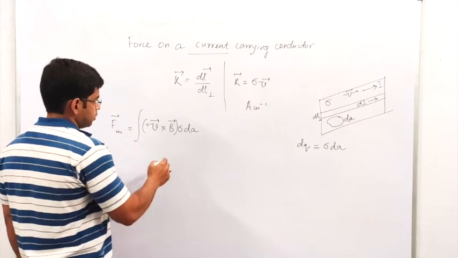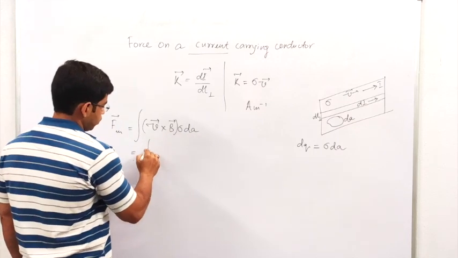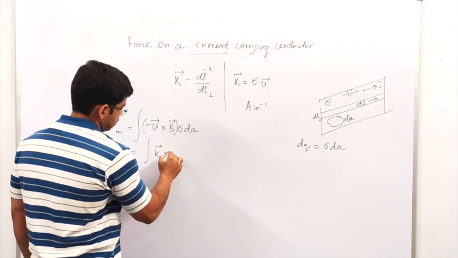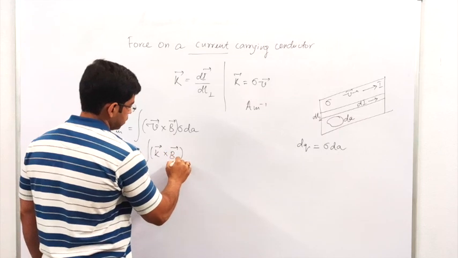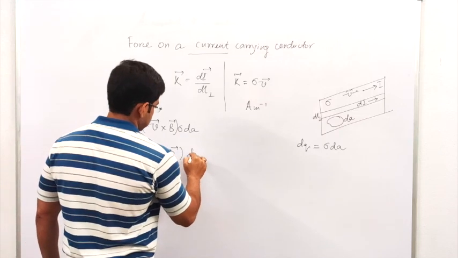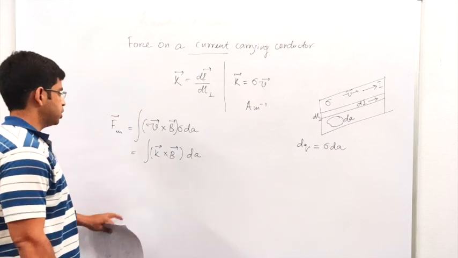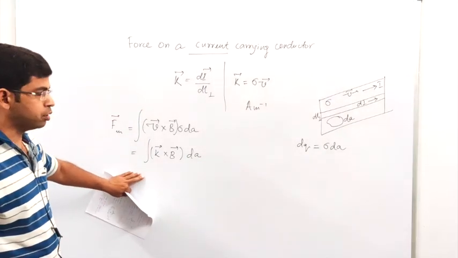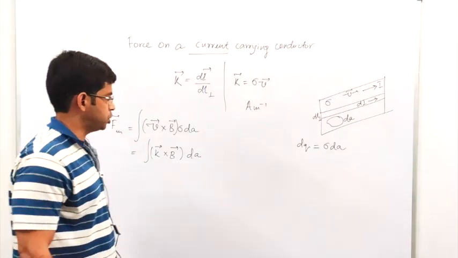Now again see, since sigma v is K, we can write this as K cross B dA. So in two-dimensional, for the magnetic force for a current flowing on a two-dimensional sheet, we have this equation.